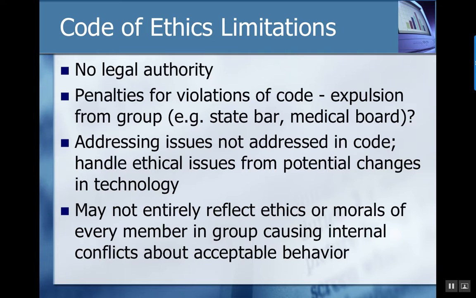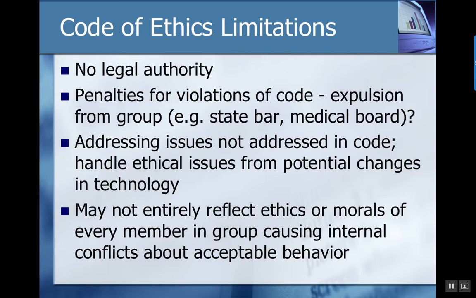Bigger problems, though, the other challenge we run into is that there's a lot of stuff not addressed in these codes of ethics. How do you handle ethical issues that pop up through the implementation of technology? Technology introduces new things, which might be beyond the scope of what the original code of ethics was bound by.